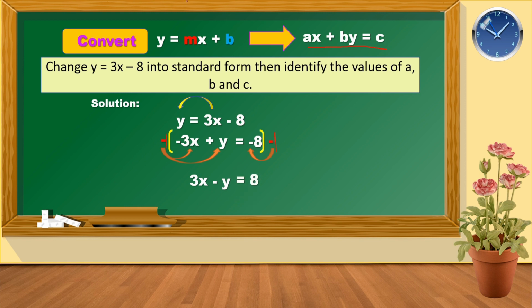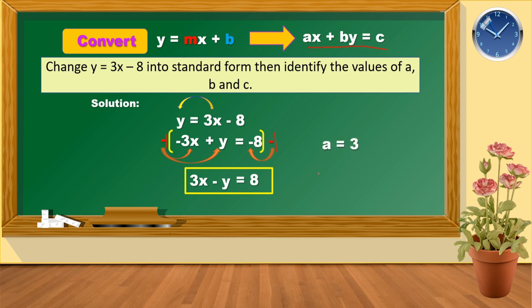And as you can see, this is the same as ax plus by is equal to c. So this is now our standard form. And we are also asked to find the values of a, b, and c. As you can see, our a is the coefficient of x. So we will just get the coefficient of x, which is 3.